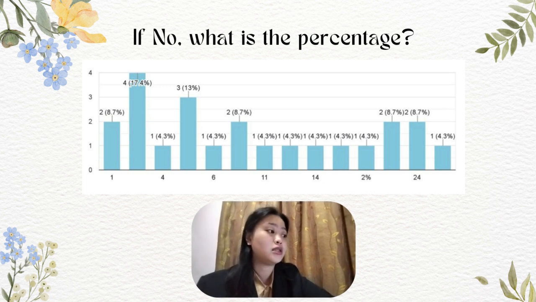That's the people who voted for no, stating how much percentage they increase for the past 10 years. That's not the same as the one they're receiving now. And that's it for section A. Let's continue with section B.